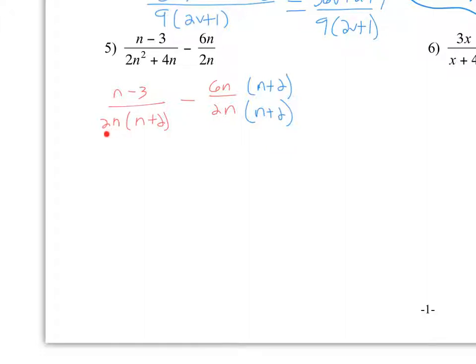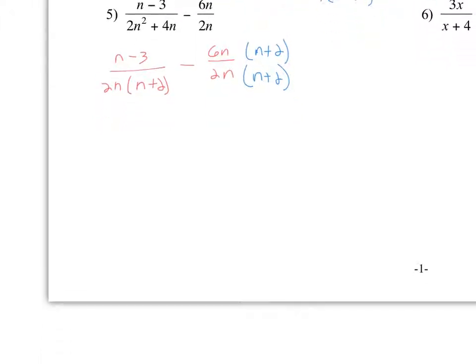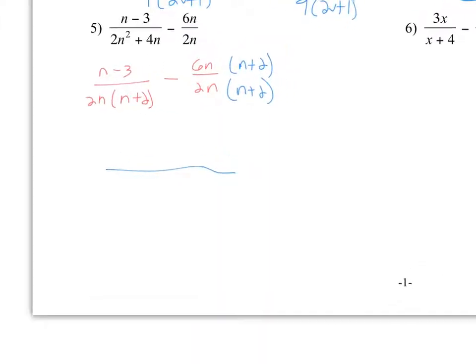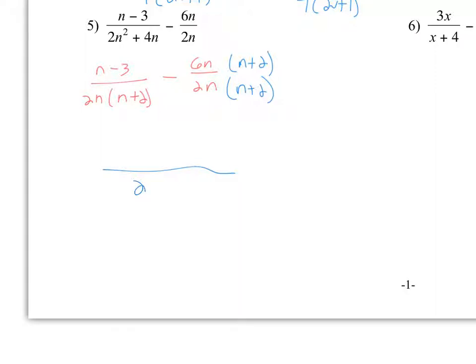I've got 2n times n plus 2, 2n times n plus 2. So when I rewrite this fraction, all I'm going to do is write it with a common denominator of 2n times n plus 2. Okay, and then I've got n minus 3 minus, and I have to subtract 6n times n plus 2.